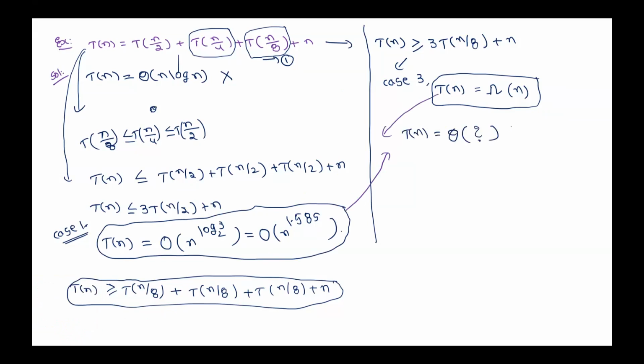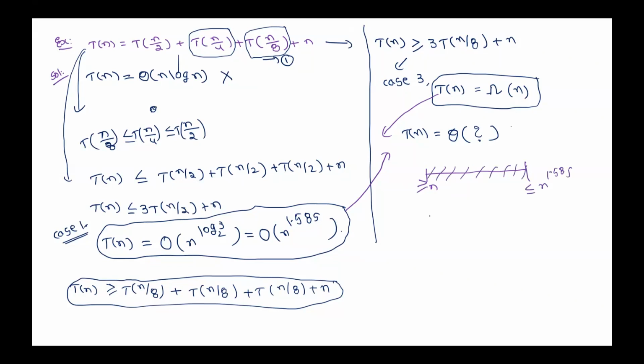Here it is saying it can be greater than or equal to n. Here it is saying less than or equal to n power 1.585. This is n power 1. That means our answer may be anything from here to here. We don't know exactly what the answer is.